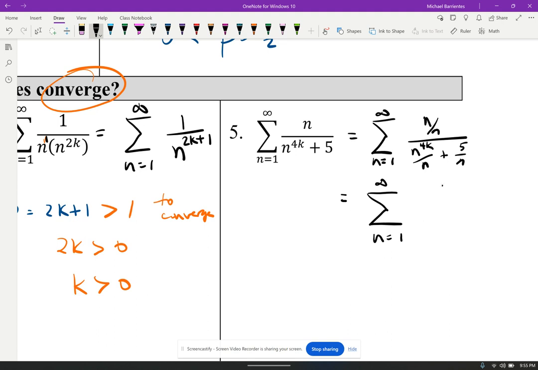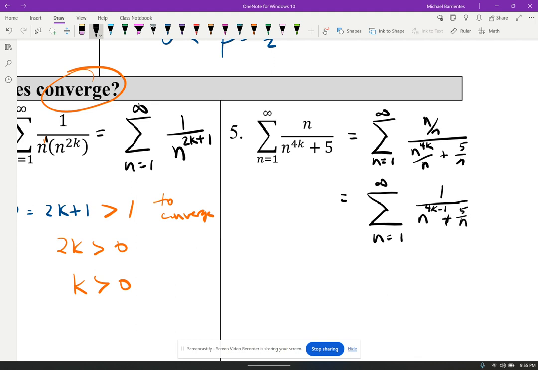But look what happens when I do that. In the numerator, I'm going to get a 1. Hey, that's kind of the start of what a p-series looks like. In the denominator, if I'm dividing powers of n, this is really n to the power of 4k minus 1. And then this, I can't really do much with it. This is just 5 over n.